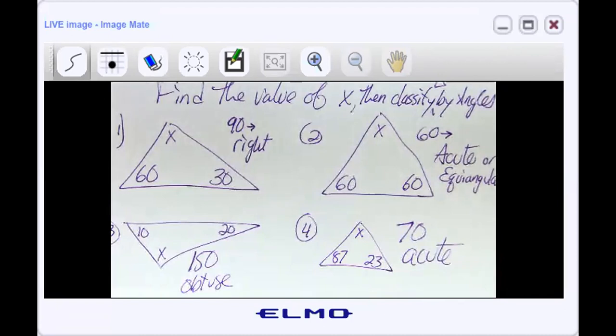All right, let's step it up a notch because it's not always just going to be numbers. We're going to throw some algebra in there. Okay, you ready? I knew you would be. All right, let's try this.